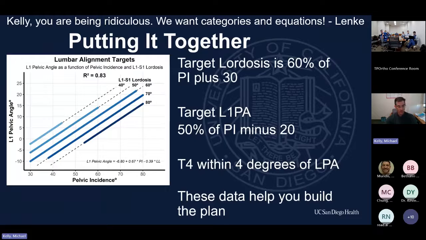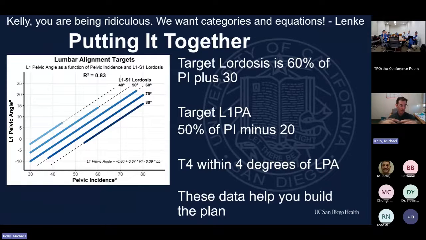So in general, the target lordosis for any patient is around 60% of the pelvic incidence plus 30. But you need to remember that is just a number that gives you some framework to then look at your supine CT scan and say, okay, this is how much they have. Now, in a ballpark, how much am I going to need to get?